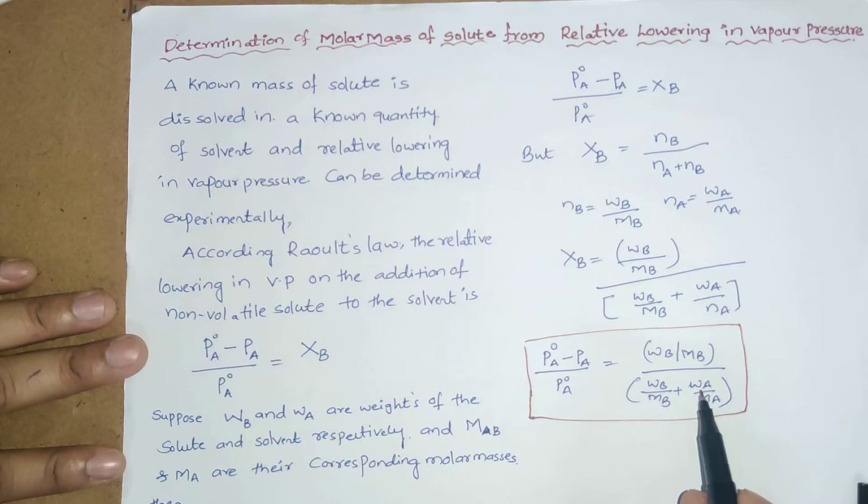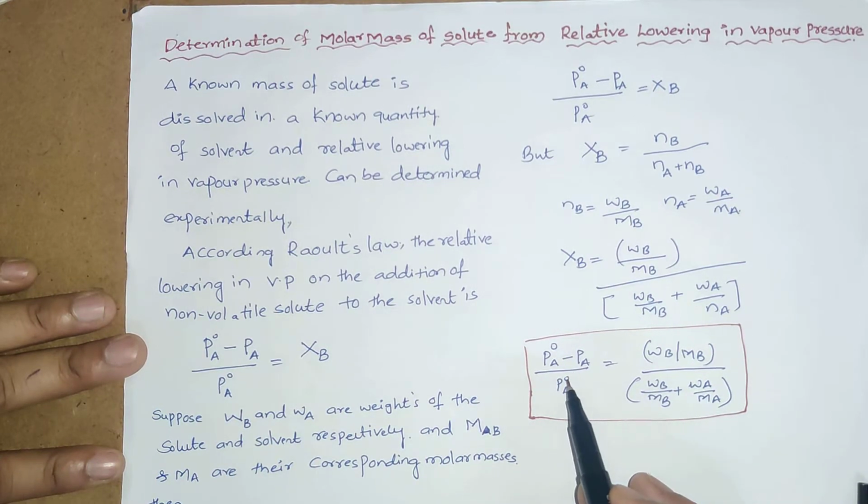If we take 100 ml of water, the density is 1, so that is 100 grams. Suppose WB is 10 grams of solute dissolved, that means WB is equal to 10. Then we can find the MB value. That means this relative lowering of vapor pressure can be determined experimentally, and a known mass of solute is dissolved in a known mass of solvent. Then by substituting their respective values, we get the value of MB, the molar mass of the solute.